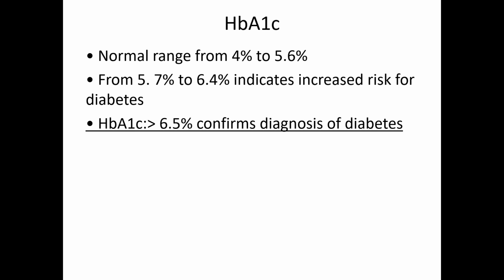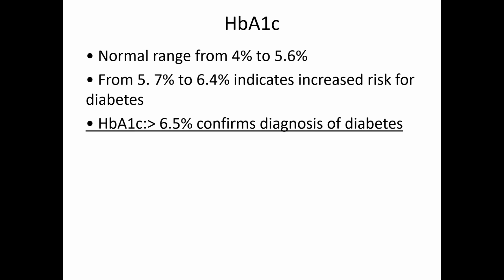Another important investigation in diabetes mellitus is hemoglobin A1C. This is the glycated hemoglobin value. Glucose is non-enzymatically complexed with the globin part of the hemoglobin, and this value is in the range of 4 to 5.6% of hemoglobin.